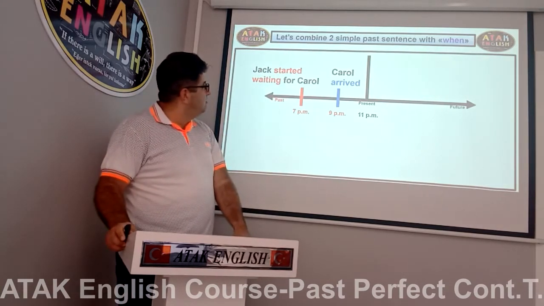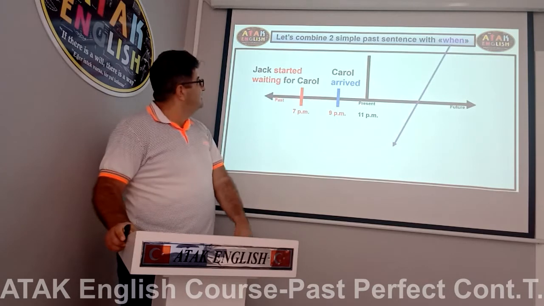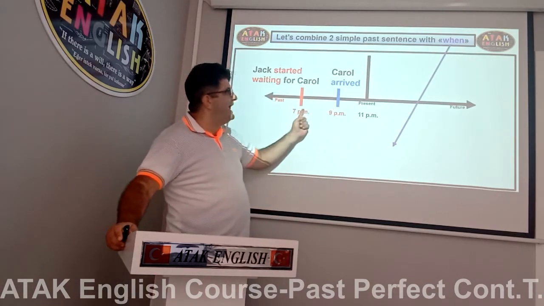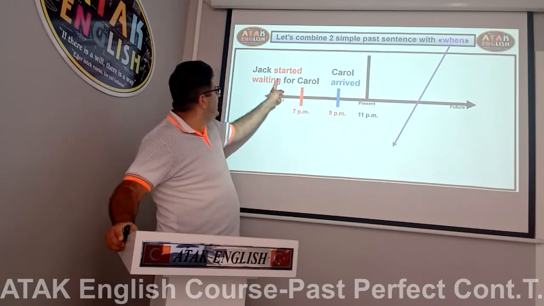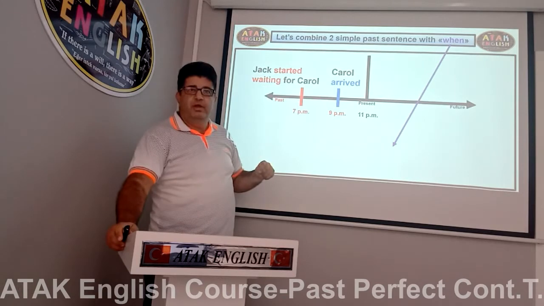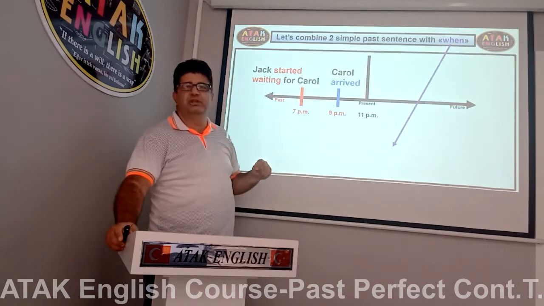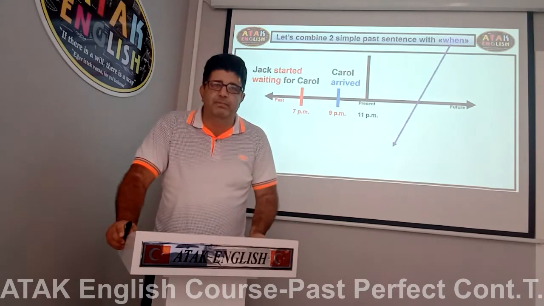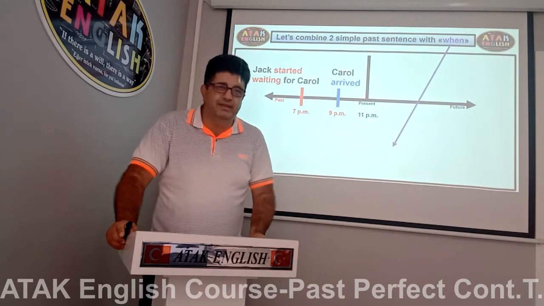Alright, so what are we going to do here? Let's combine these two simple past actions, verb 2, with the when conjunction. And let's see what's going to change after we combine it with the conjunction when.